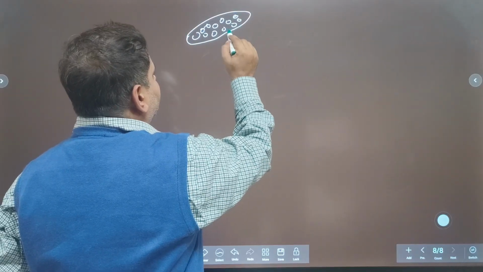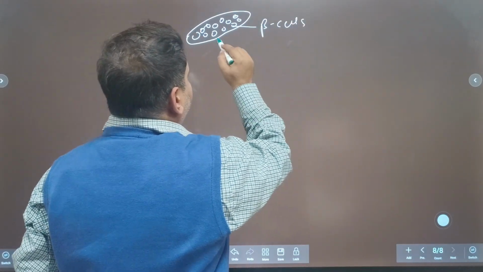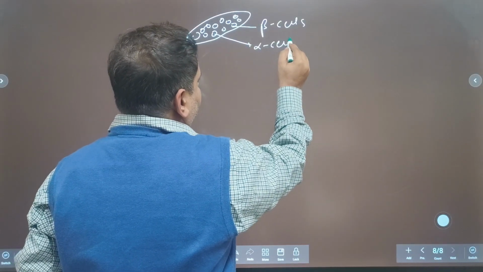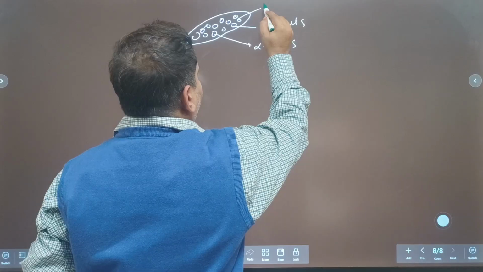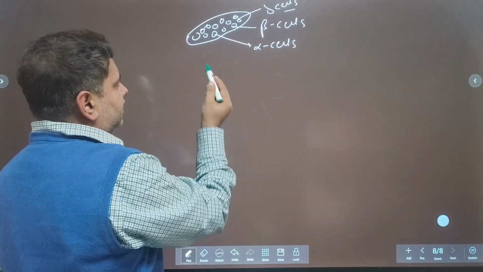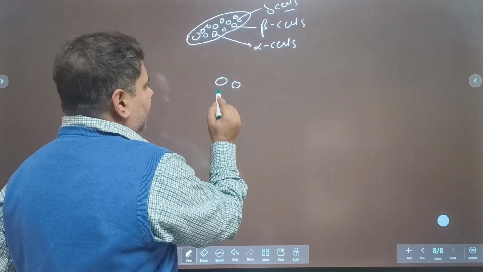One is the beta cells, there are the alpha cells, and there are the delta cells as well. If you see how these are arranged in the pancreas, mainly the beta cells are in the center.